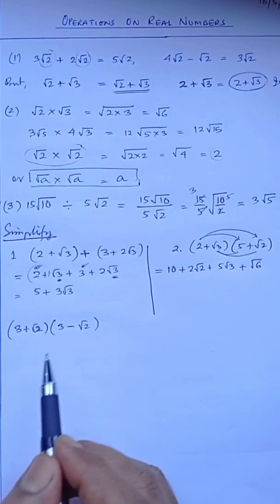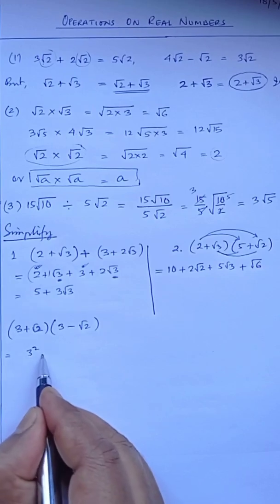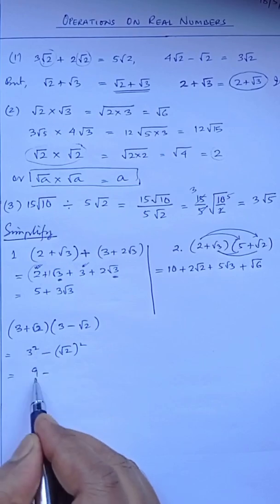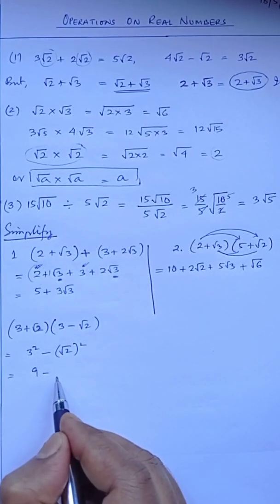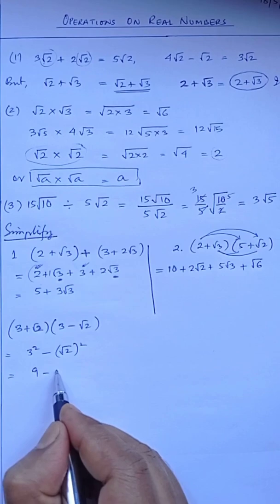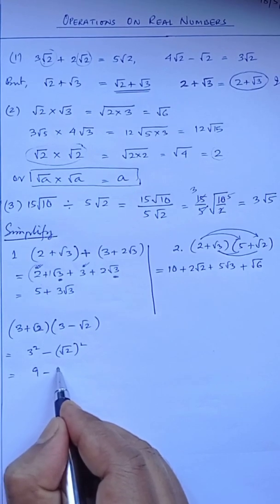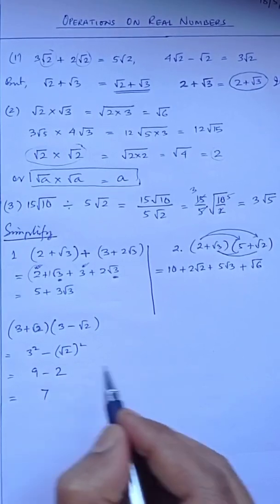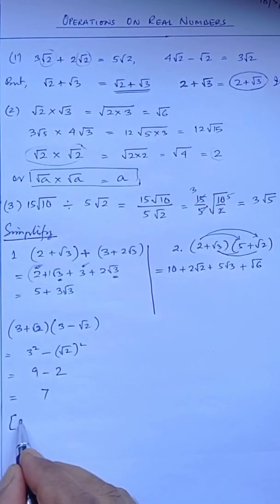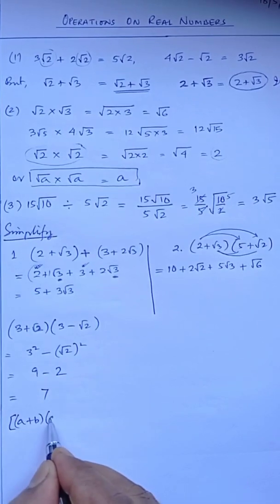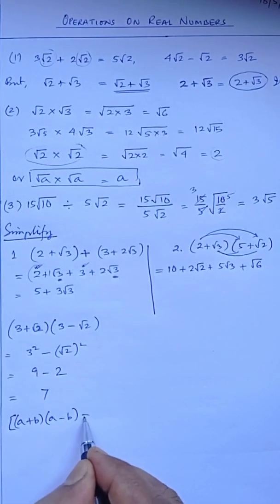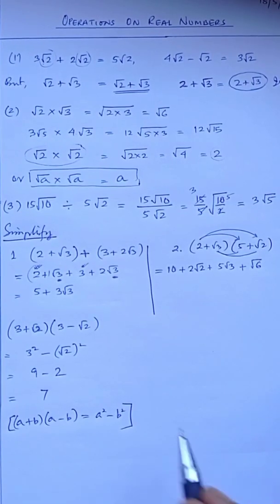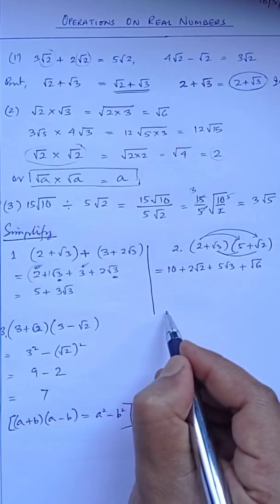So a plus b into a minus b will give you a square minus b square. So this is 9 minus 3 square is 9. Root 2 square is root 4, and root 4 is 2. So 9 minus 2 will get how much? 7. So what we have done here, we have used a formula. A plus b, a minus b when multiplied gives a square minus b square. Like this you can use formulas for other questions also. Let this be number 3, this one will be number 4.